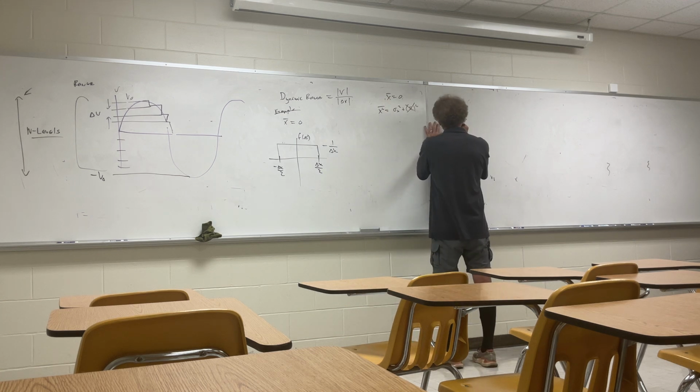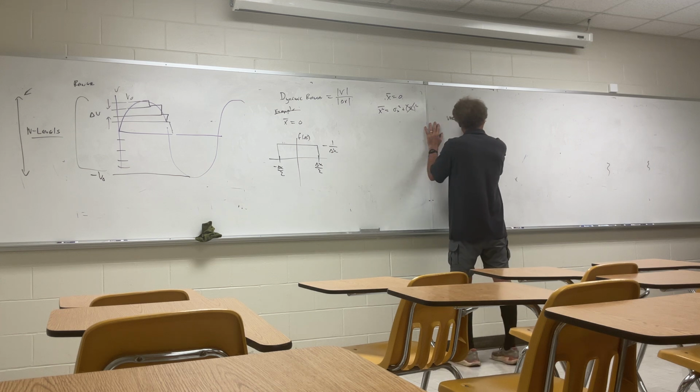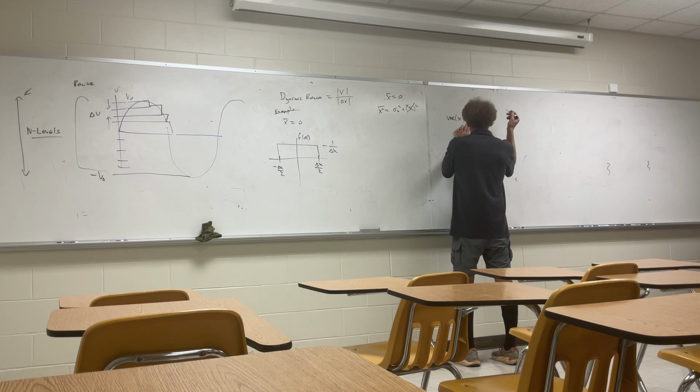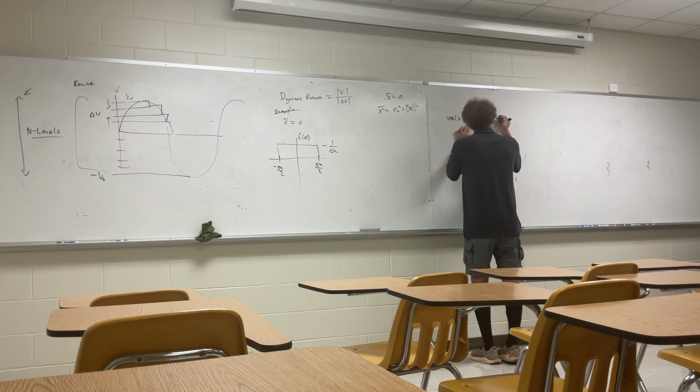So the variance of that x, and this has to do with quantization, is going to be equal to sigma x squared, but since the mean's 0, it's really going to be the integral from minus delta x over 2 to delta x over 2 of the density function.